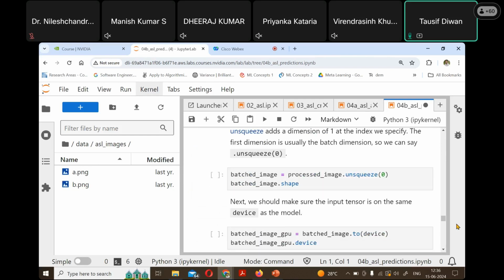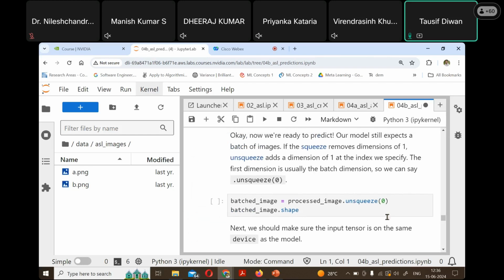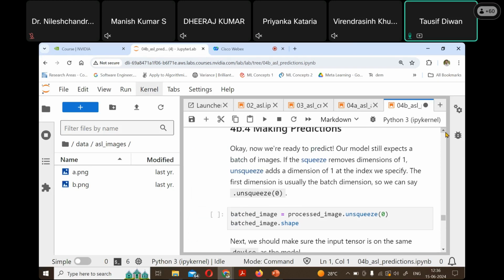Now making a prediction. Our model is expecting images in the form of batches, but this is only a single image, so we cannot provide it as it is. First of all, we need to add one more dimension at the 0th index.